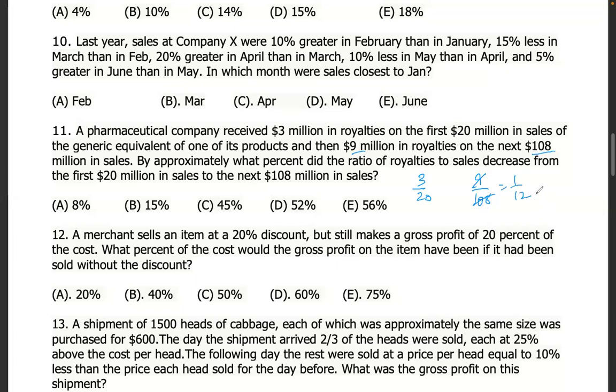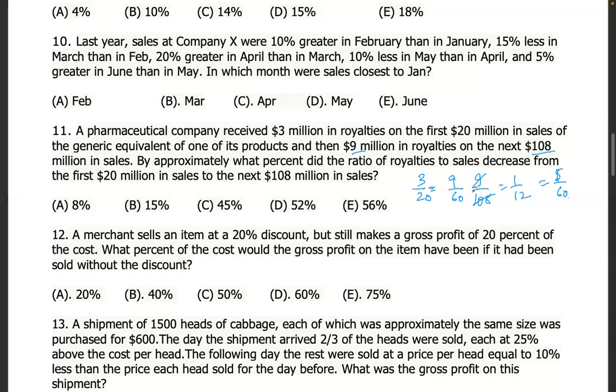Now multiply this by, let's say 5. Make the denominator same in both the cases. So this becomes 1 by, say, 60. Right? So 5 by 60. Multiply numerator and denominator by 5. So 5 by 60. And here multiply numerator and denominator by 3. So this becomes 9. And this how much?